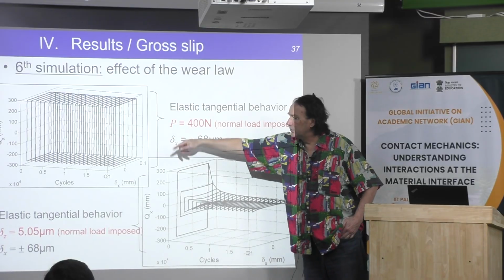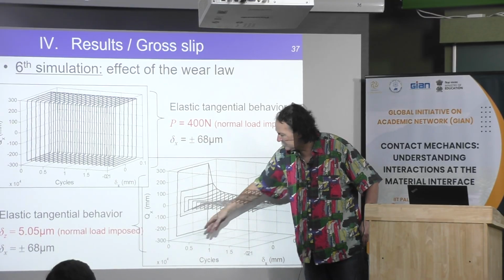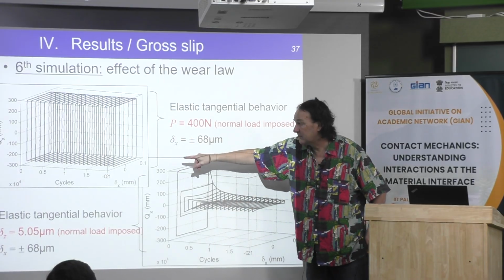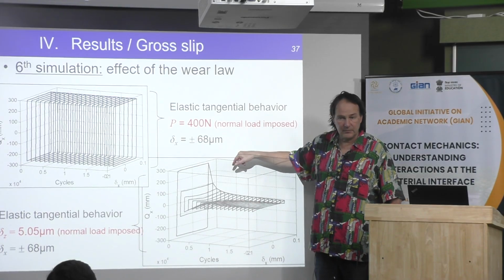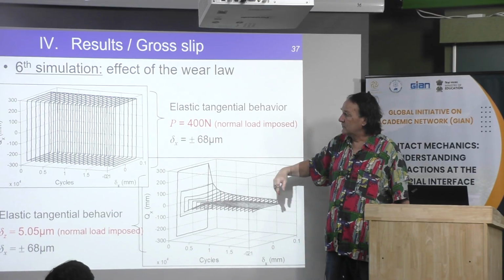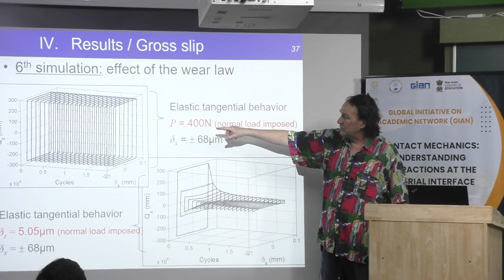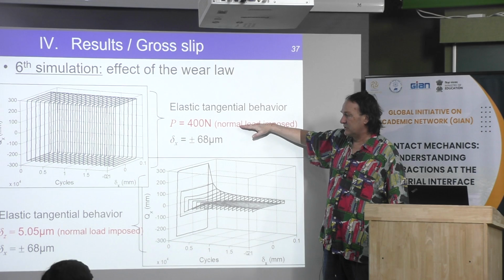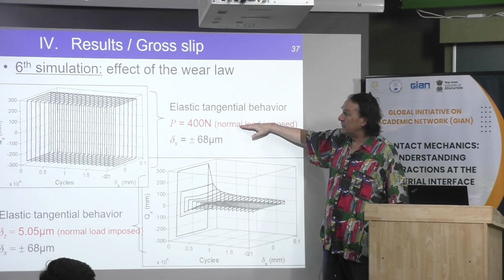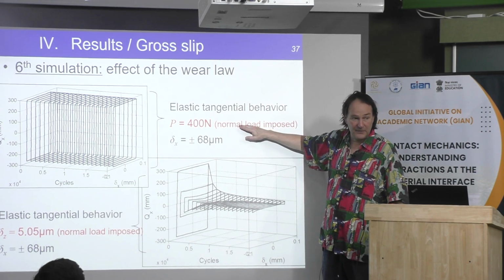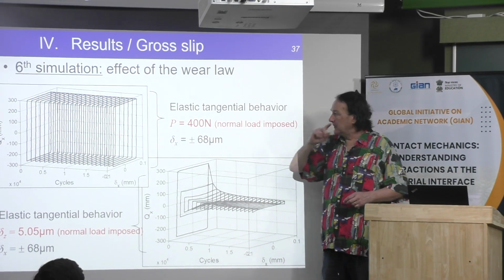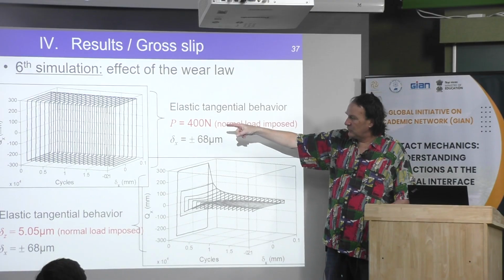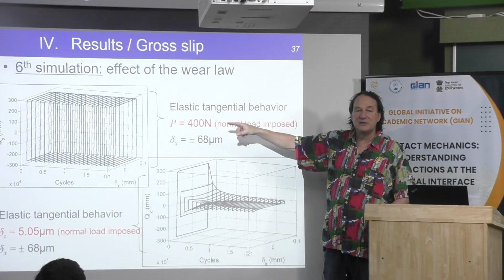These are the fretting loop. You can see versus time. Then the x-axis here, or the horizontal axis, is the time, or the number of cycles. Then you can see that for the top view, because the normal load is constant, even if there is some wear, the fretting loop is always the same. Then here I mean that if you are in gross slip, you will be always in gross slip.